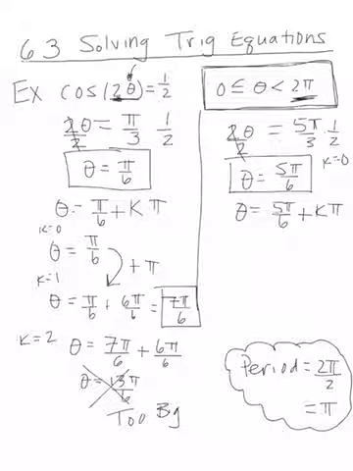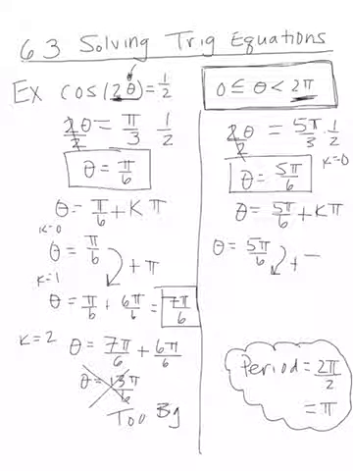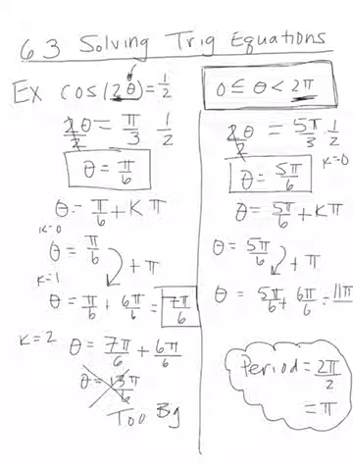Okay, and now same thing here. Our next one would be, take the first time that happened at 5 pi over 6, and we're going to add a period. So the next one would be at 5 pi over 6 plus 6 pi over 6, which is 11 pi over 6.